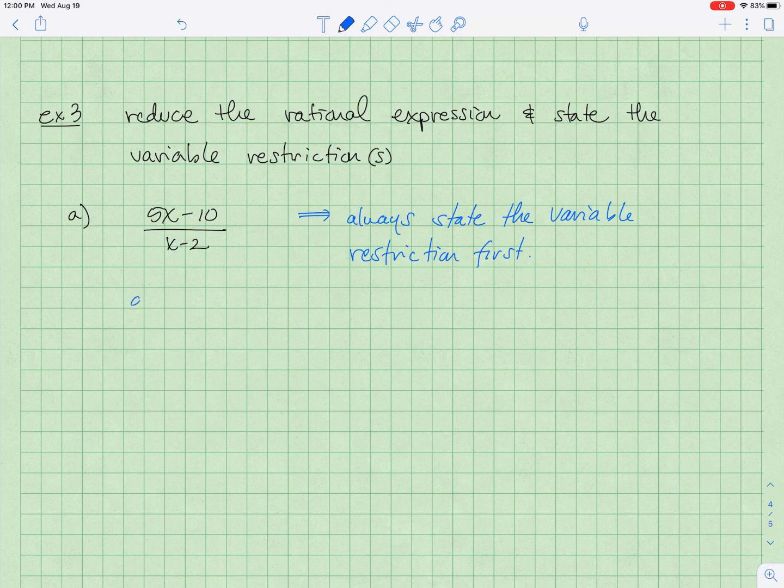So what am I talking about here? The denominator is x minus 2, and x minus 2 will equal 0 if x equals 2, and so our restriction should be x is not 2.